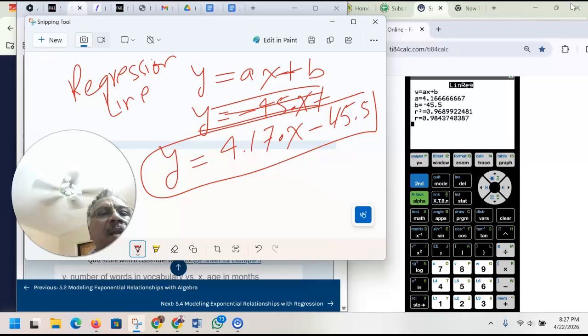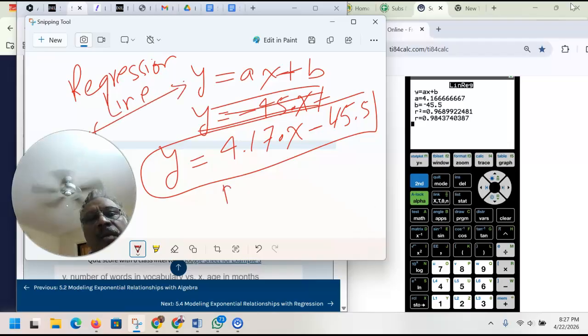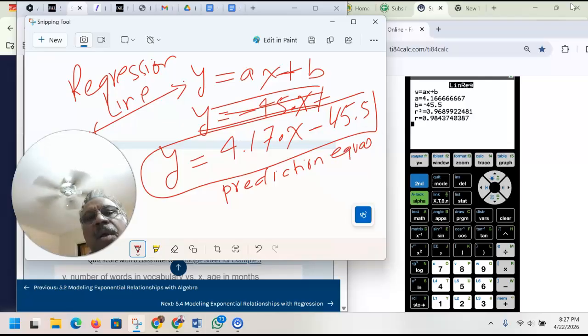Regression line basically means best fit line, or we also call it a prediction equation. So what is a prediction equation? It means you can predict for any x, whatever the value is. Suppose x is 15, we can just plug it in.